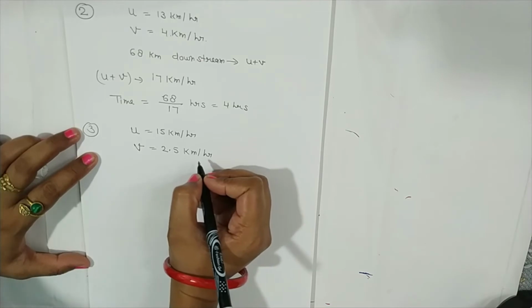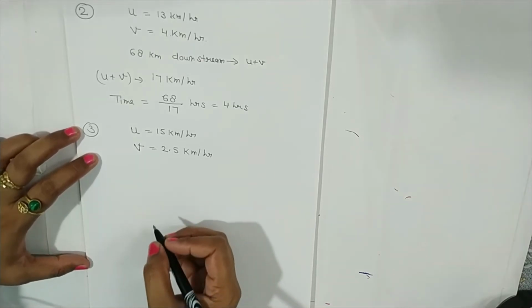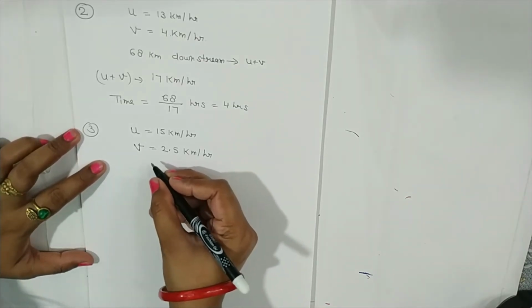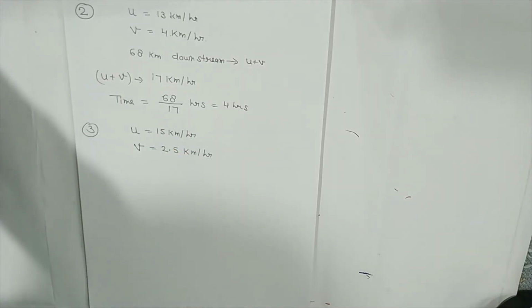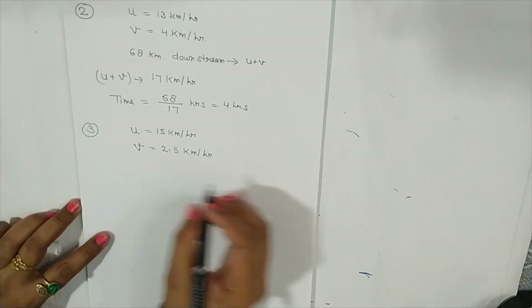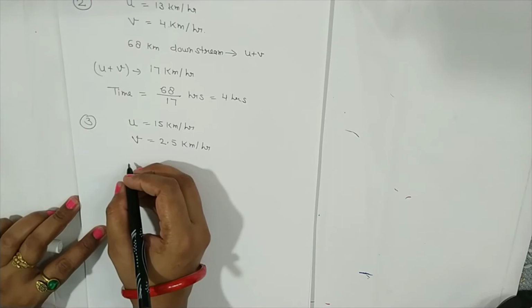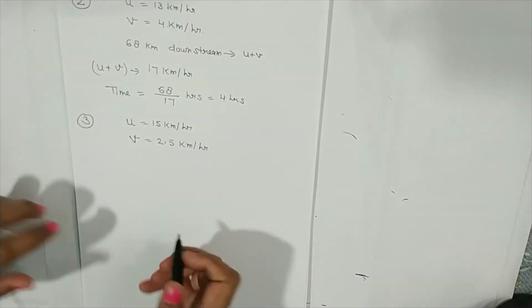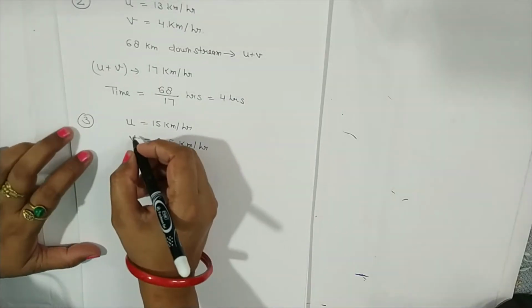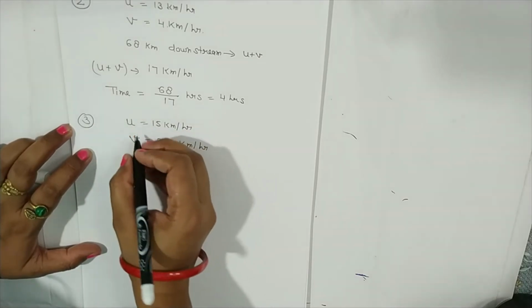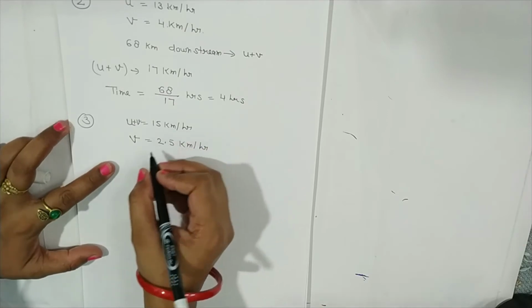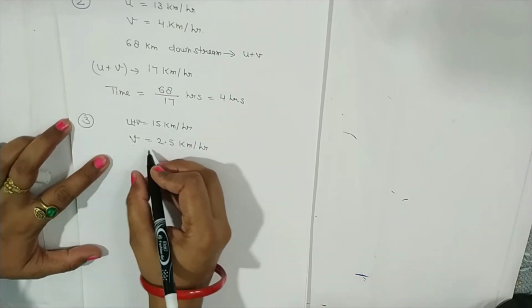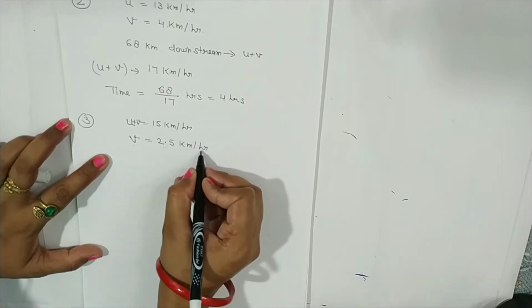Now the man's speed against the current means we have to find the upstream value, so we have to subtract. What is the given value? A man's speed with the current, so u plus v is given as 15 km/h, and the speed of the current is 2.5 km/h.